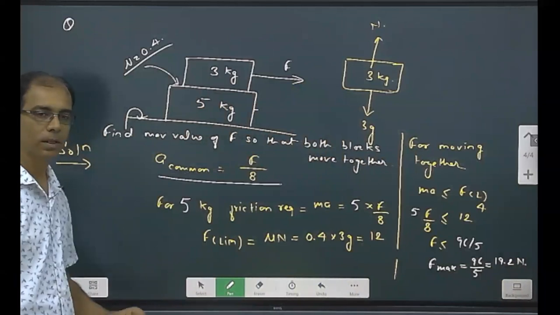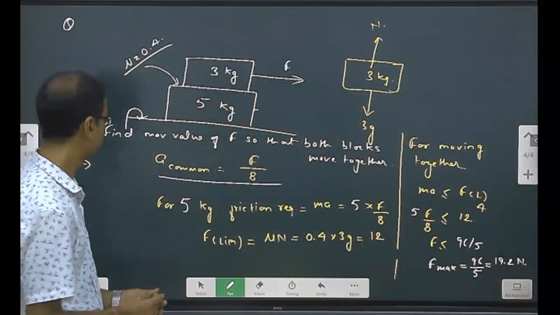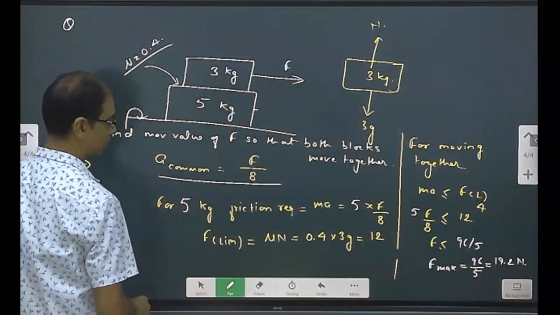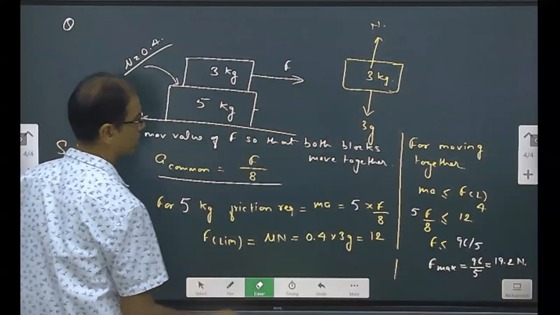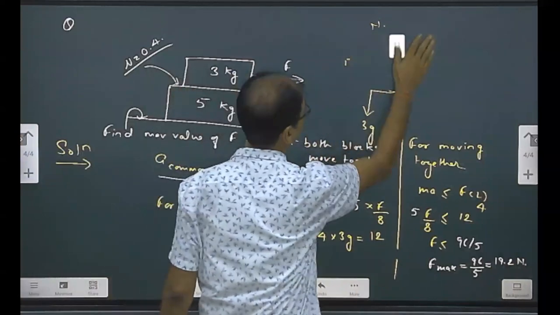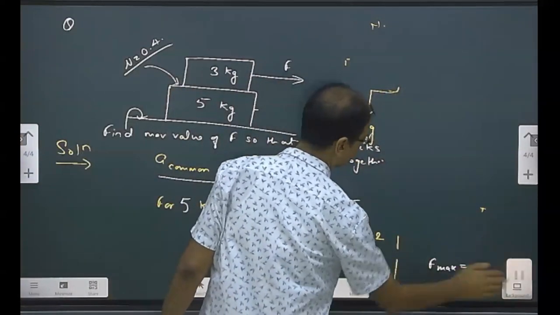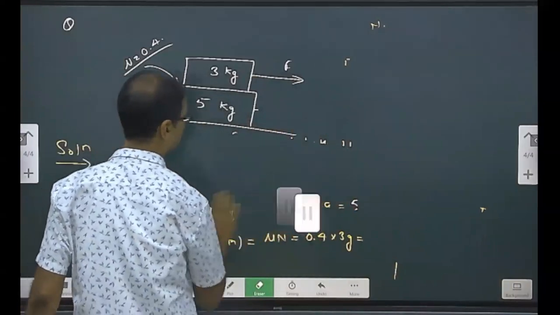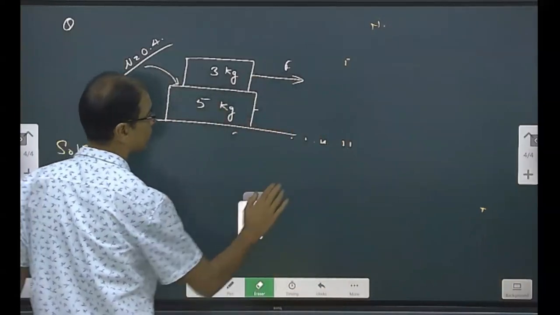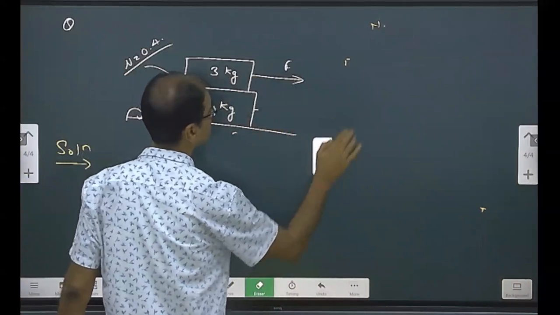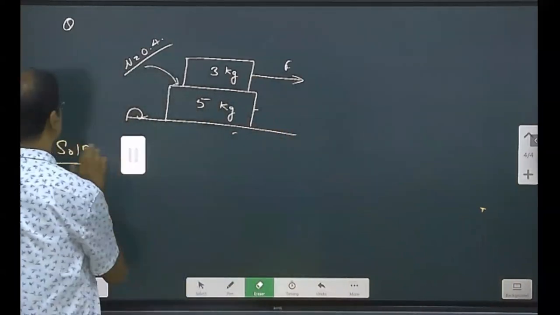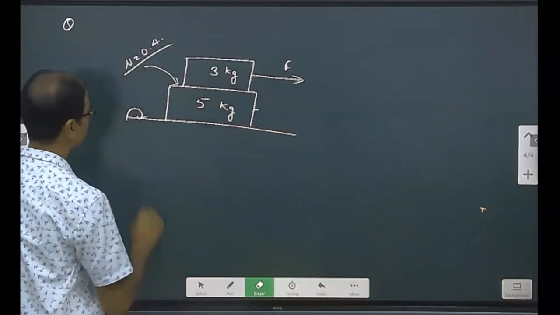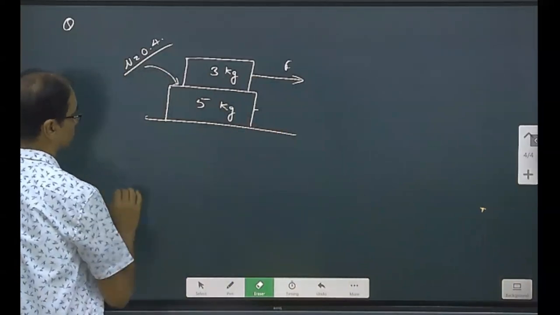Now let's make it a little more complicated. Let the values be same over here, okay? I'm just removing it from here. So what complication we can add in this? More complication I can add is, I can give you that this surface over here is not smooth.